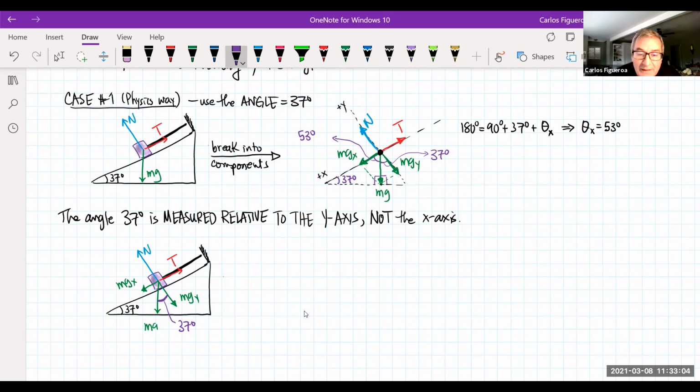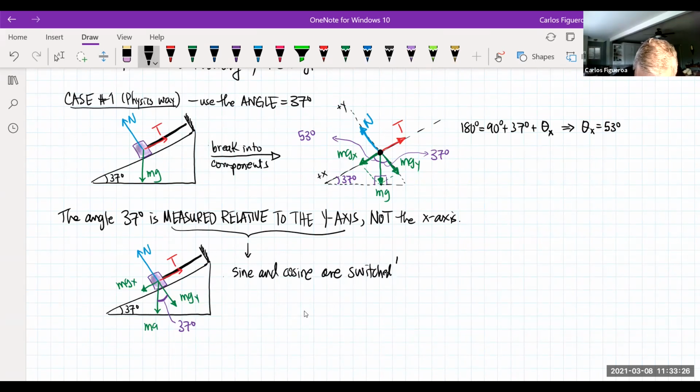So anytime you measure an angle relative to the y-axis, if you're not used to solving triangles and you just try to memorize things, then the sine and the cosine are switched. And you might be going like, what do you mean by that, Carlos?